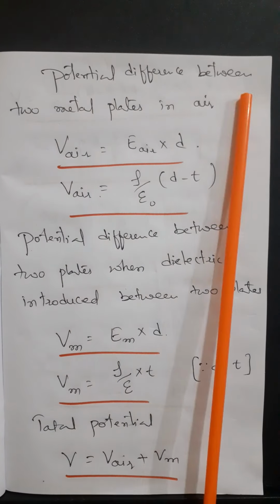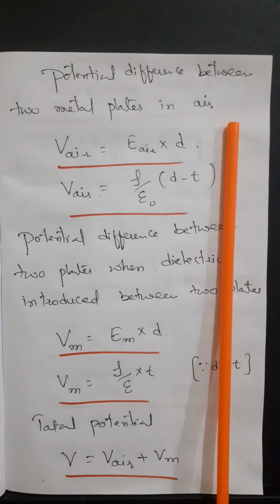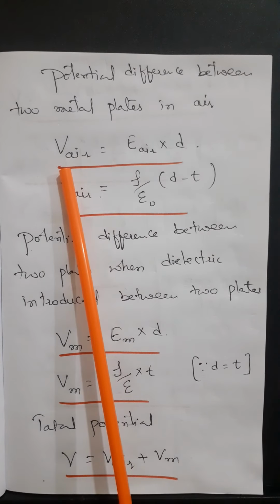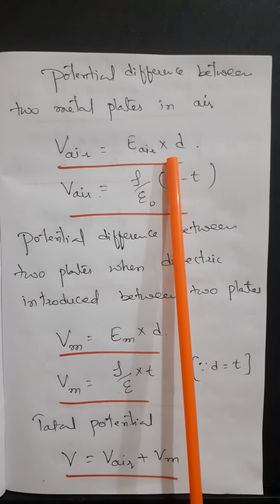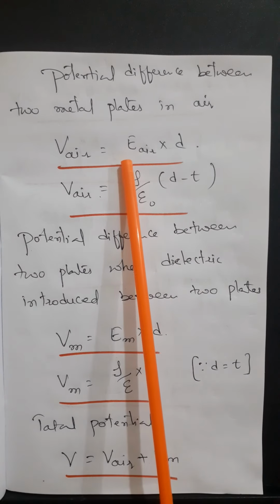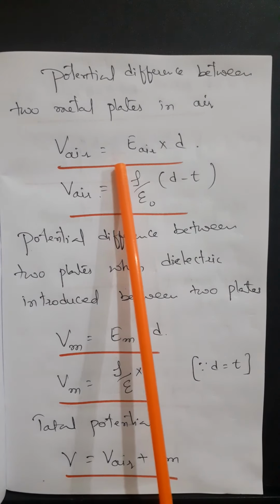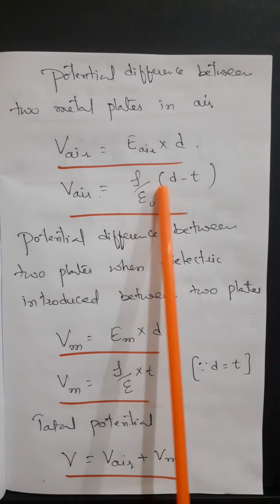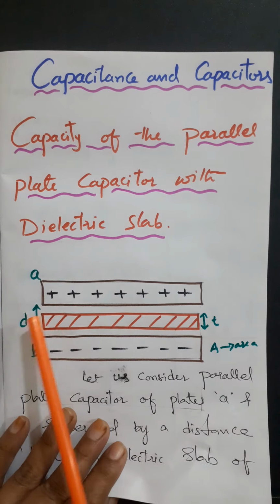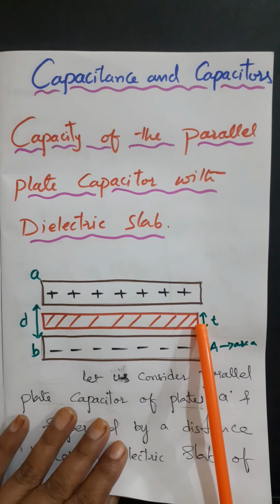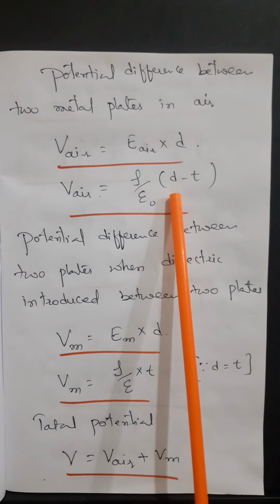The potential difference between the two metal plates in air is, by the definition of potential difference, the intensity of the electric field times the distance. The field is E air equals rho by epsilon naught, and the distance in air is capital D minus small t, so D minus t.